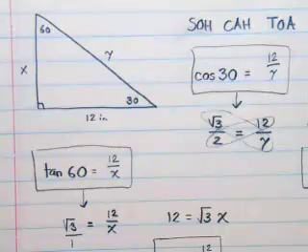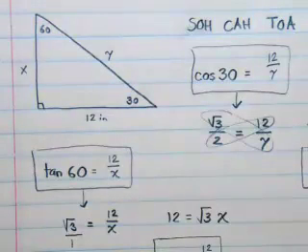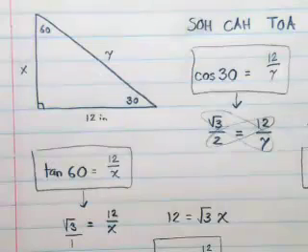Tangent of 30 would give you opposite over adjacent, and then we could have worked it that way, and we would have gotten to the same thing when we were done. This one right here, cosine of 30 equals 12 over y. Instead of doing the cosine of 30, I could have done the sine of 60, right? Sine, opposite over hypotenuse. That should have worked too, okay? So there's always more than one option for you with these, and you'll get the same answer when you're done, okay?